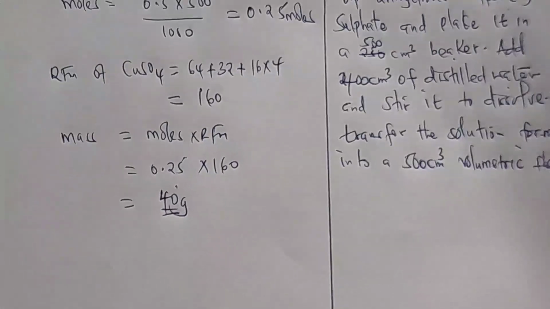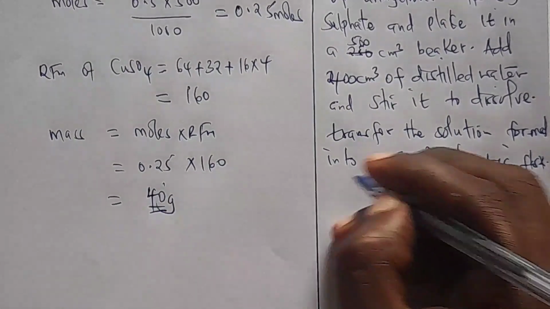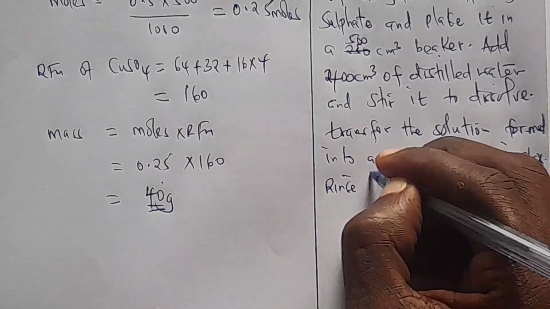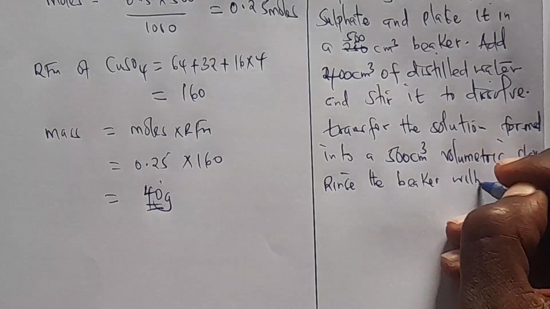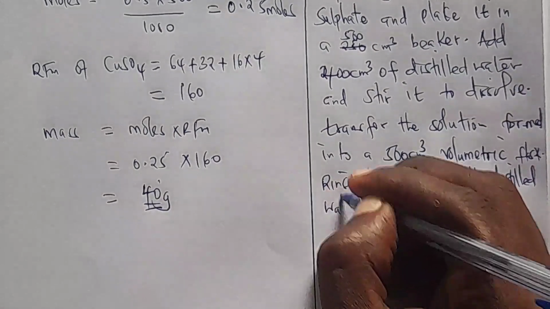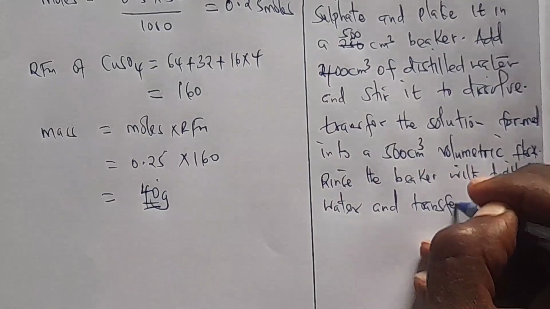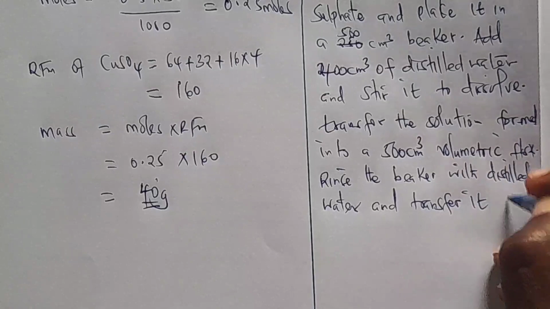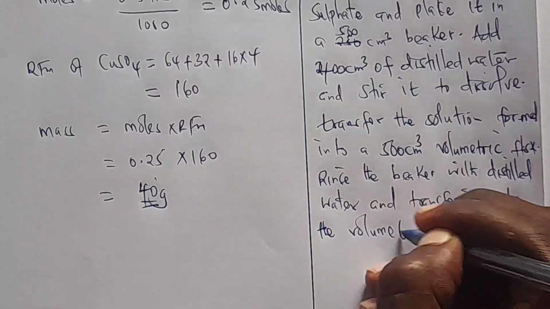Full stop. Then we say rinse the beaker with or using distilled water and transfer it into the volumetric flask.